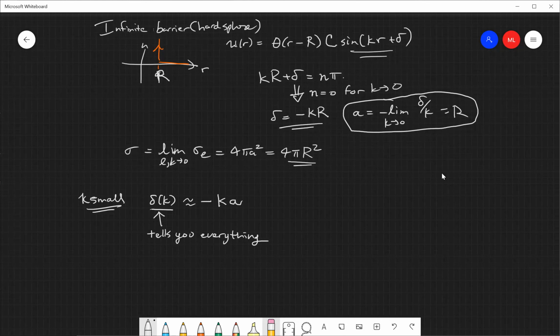That's the 0th order term. But you can go to higher order terms. It's not obvious that you can Taylor series the phase shift. And as it turns out, what you want to Taylor series is not quite delta, but it's actually k times cotangent of delta.